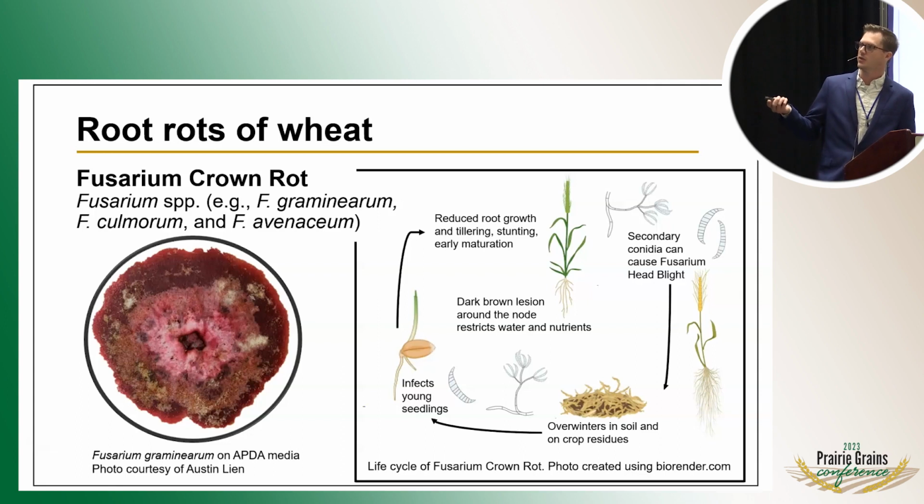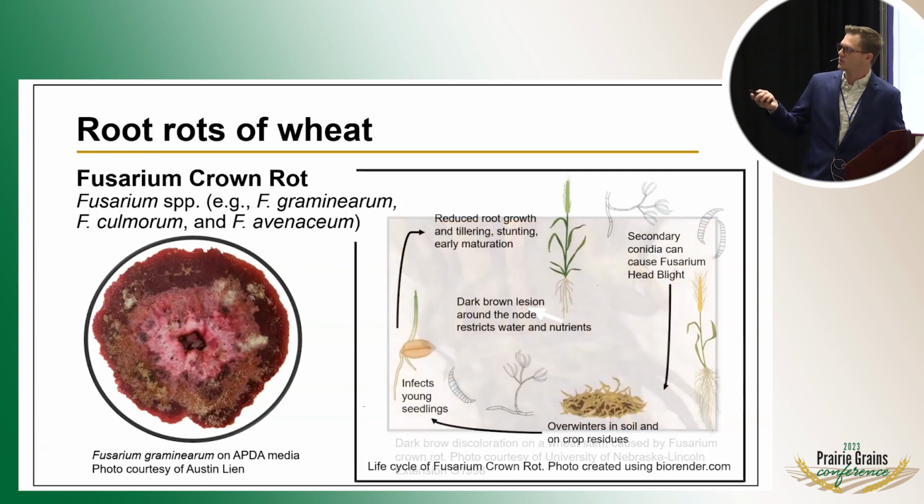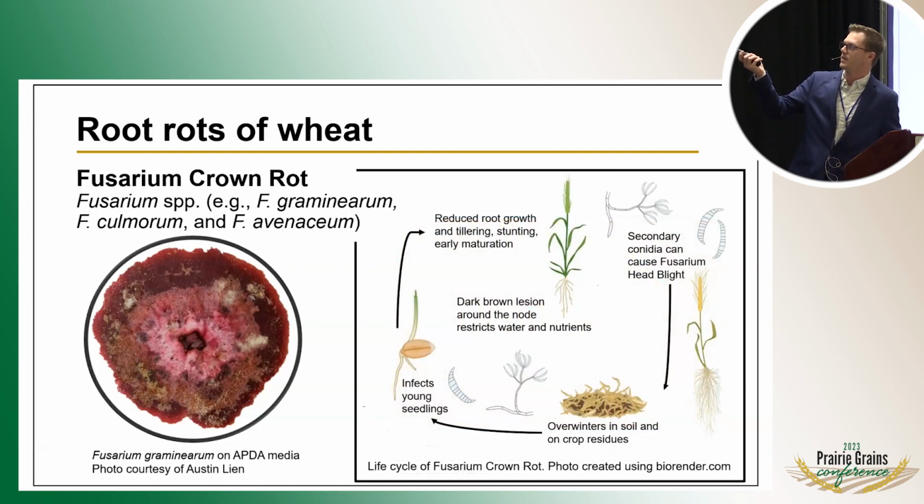And as we go throughout the season, it ends up creating these dark brown lesions on the nodes. And also it restricts the vascular bundles, which leads to reduced water and nutrient uptake. And also secondary conidia of this fungus can cause Fusarium head blight as well.